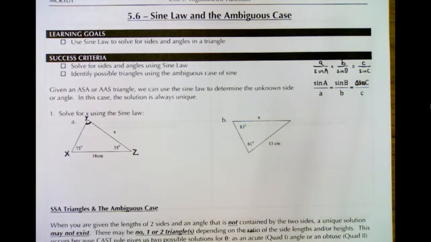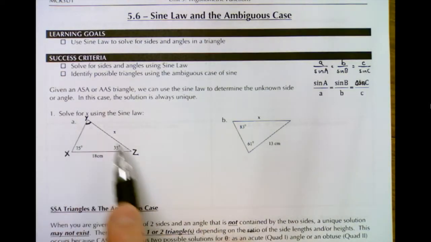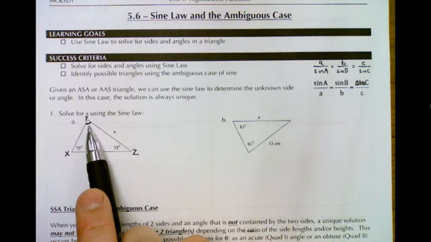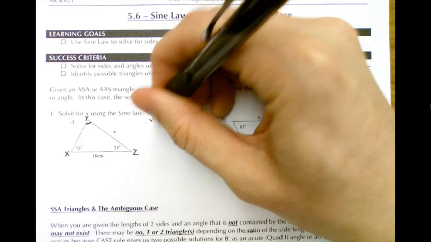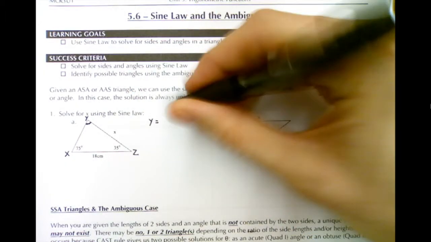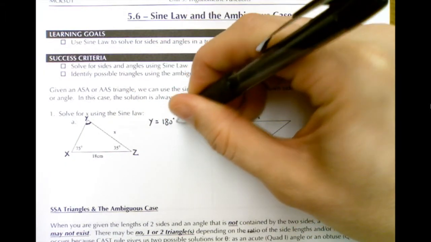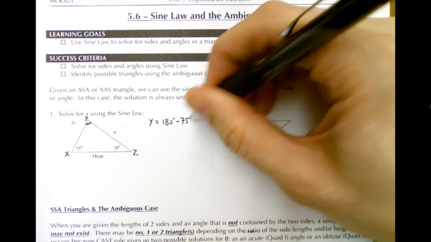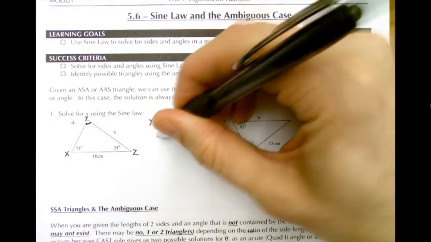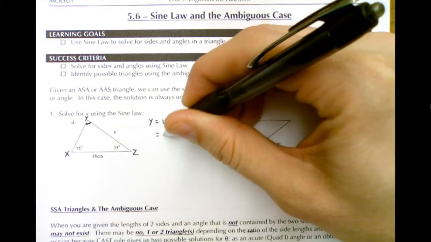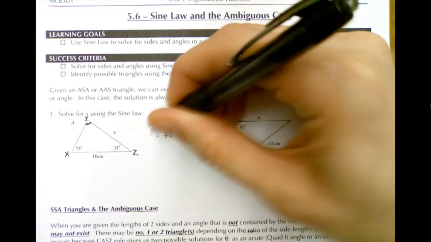I'm going to write a sine law using the letters X, Y, and Z, but first I'm going to find angle Y because we know two of the angles. So angle Y is 180 minus 75 minus 35. 35 and 75 make 110. Subtract from 180, you get 70 degrees.